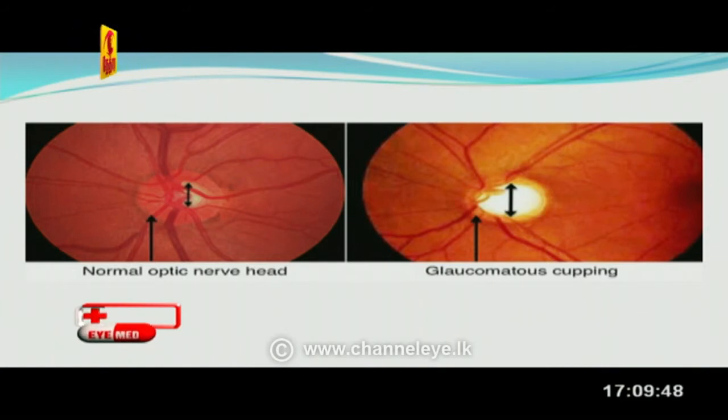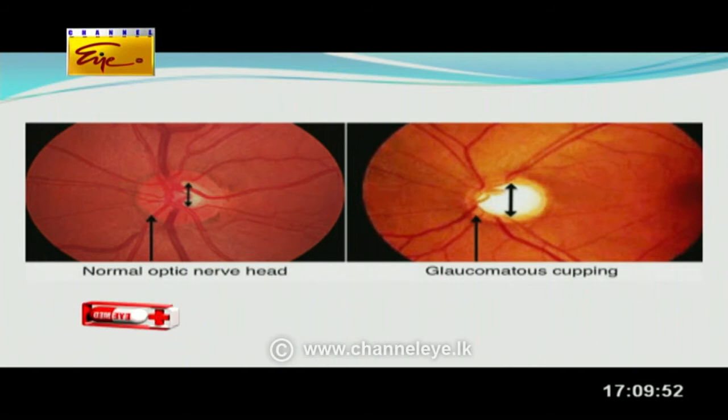The optic nerve connects the brain to the posterior part of the globe. It has a lot of optic nerve fibers. With the increase in intraocular pressure, they are gradually destroyed, and that leads to irreversible blindness. That is why we have to intervene at an early stage, and these are the common manifestations of glaucoma.